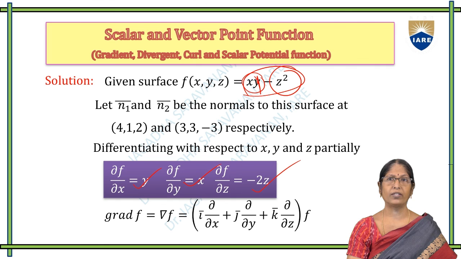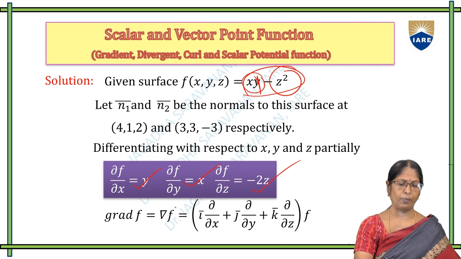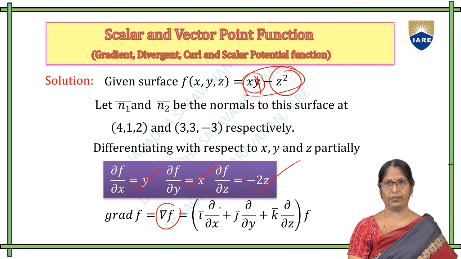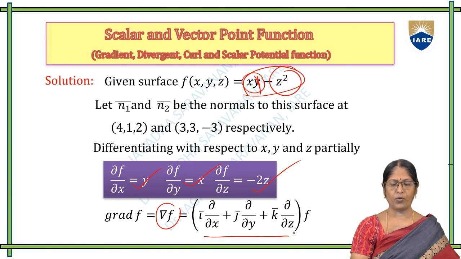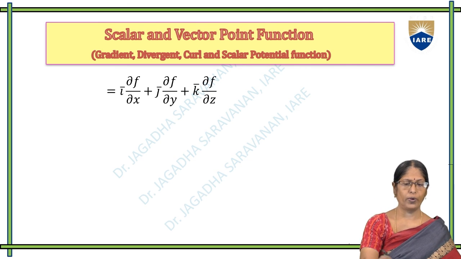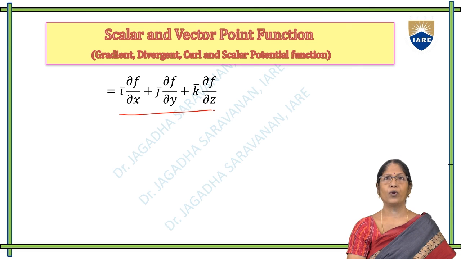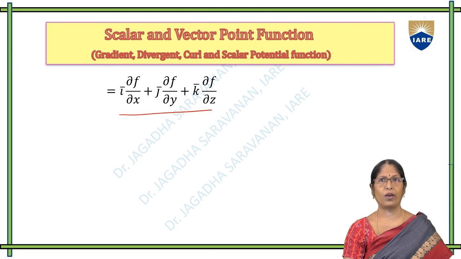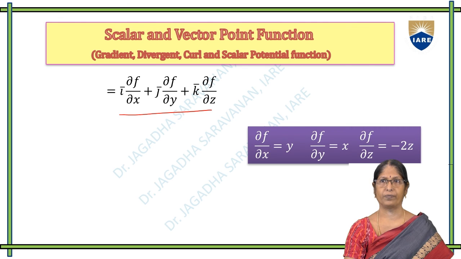So we have to find the gradient f. The mathematical symbol is grad f, and the formula is i dou by dou x plus j dou by dou y plus k dou by dou z of f. So we can see here i dou f by dou x plus j dou f by dou y plus k dou f by dou z.